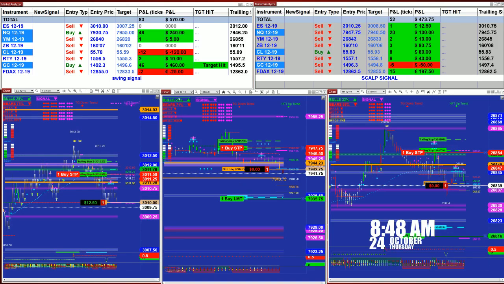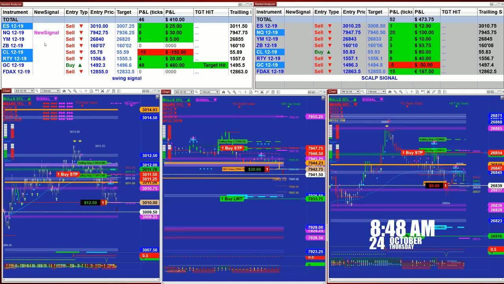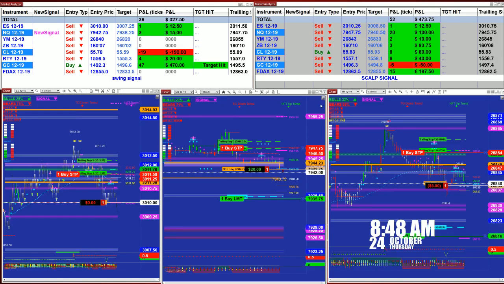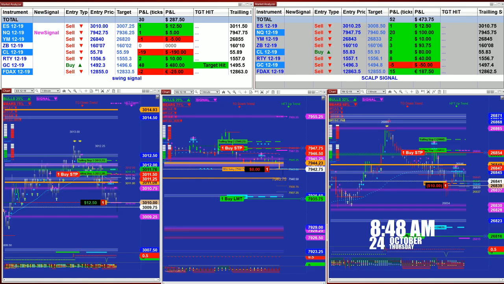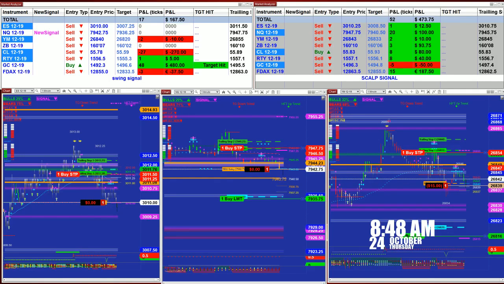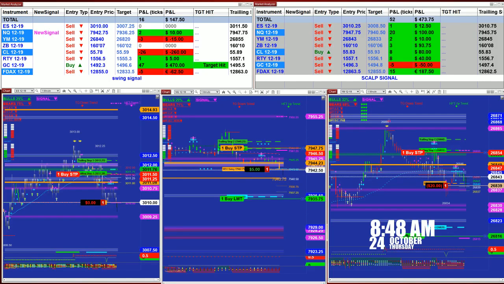As we see, the Nasdaq just took a trade. You're very welcome to follow the trade and the signal. And the market is going down. Also the scalper started on the ES. We have 3010.25.